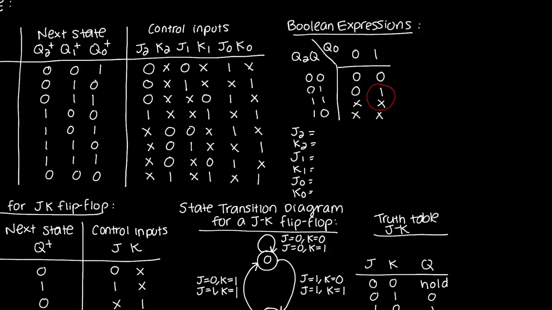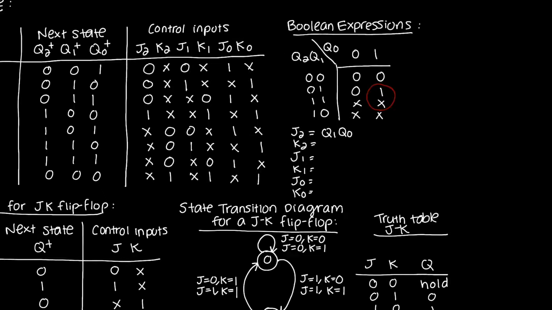And now that I have the correct K-map, I can see that it is equal to Q1, Q0. So these expressions, I have more of them. I have 6 of them corresponding to 6 control inputs, 2 per flip-flop, but they are simpler because I have a lot of don't care conditions.